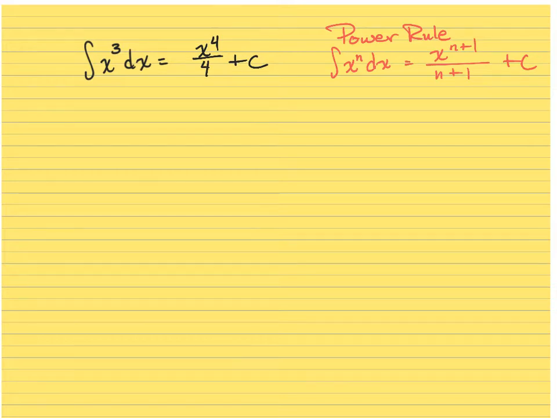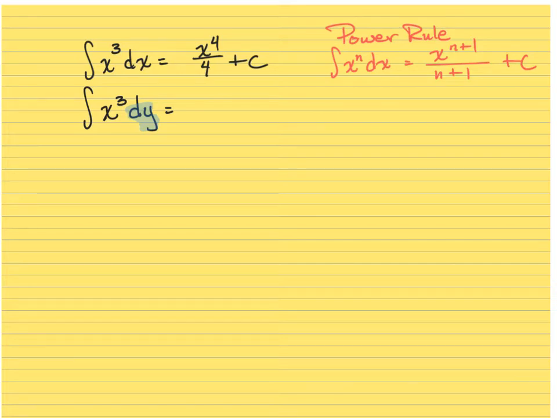Now, moving on to some other common ones that we're going to run into. Here's an interesting one that looks like it might be a mistake: the integral of x cubed dy. This is kind of important, that we pay attention to what we're integrating with respect to, right?